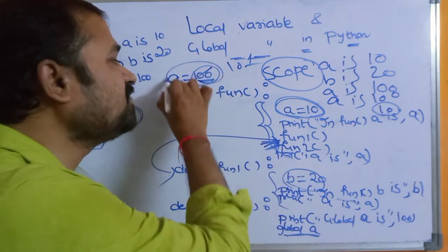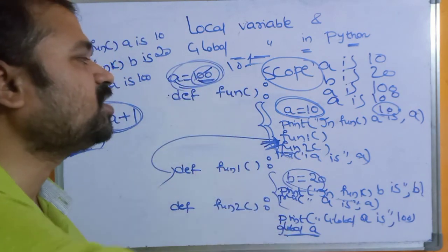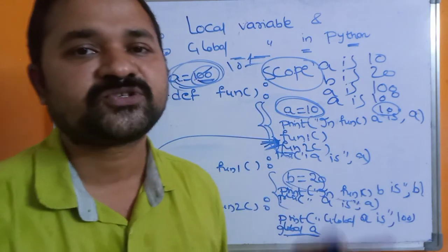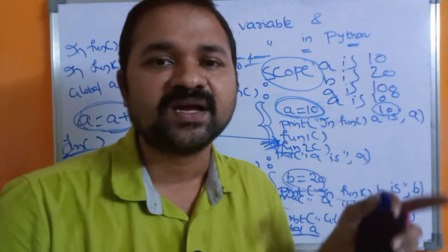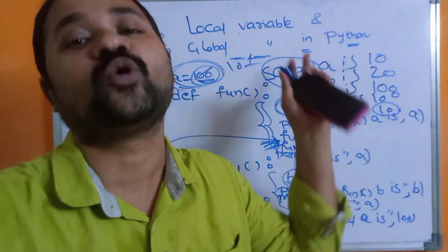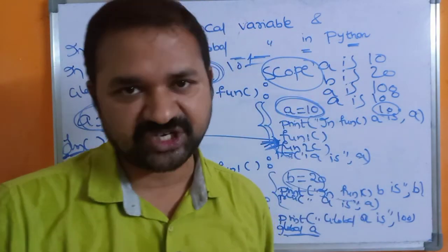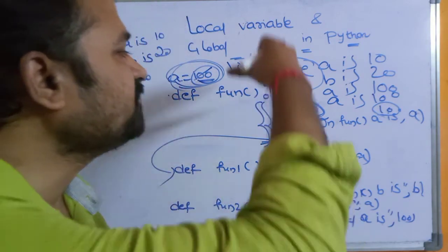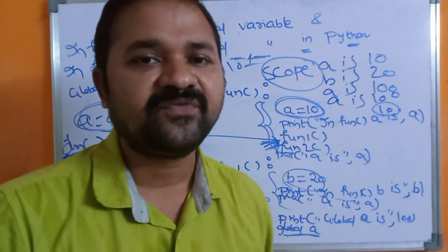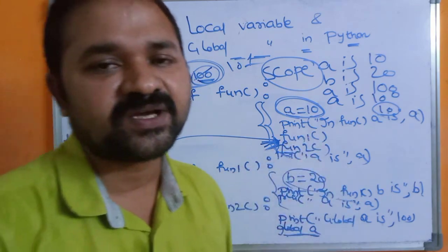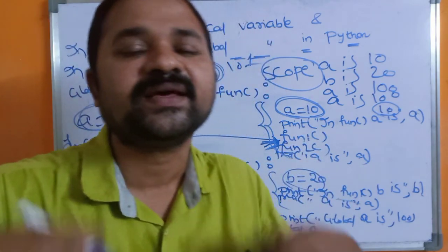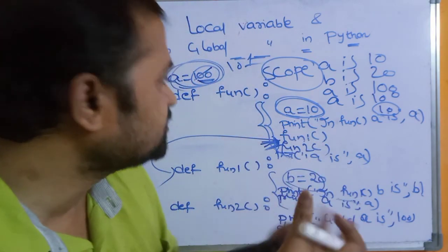Whereas coming to the global variable, we can use the global variable in the entire program. So the scope of the global variable is global to the program, whereas the scope of a local variable is local to the function.